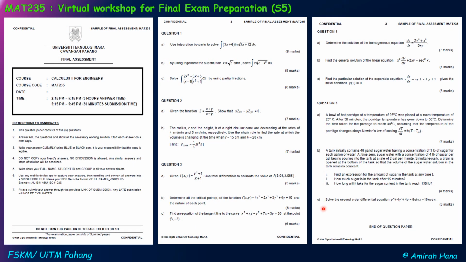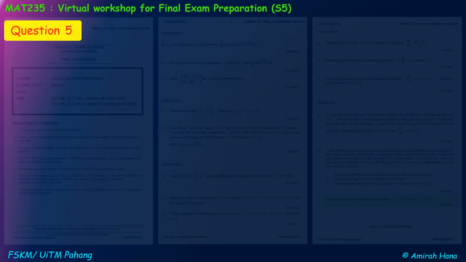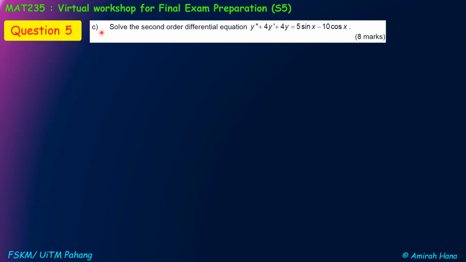We now come to the last question, question 5C. Solve the second order differential equation y double prime plus 4y prime plus 4y equals 5 sin x minus 10 cos x, 8 marks.